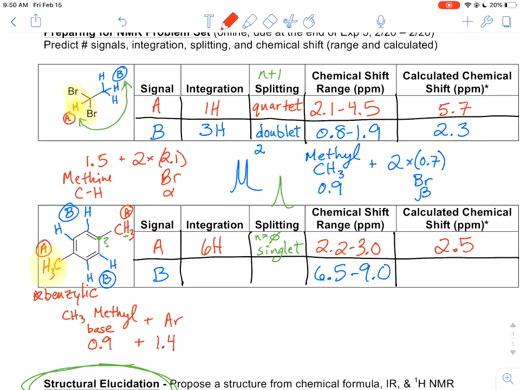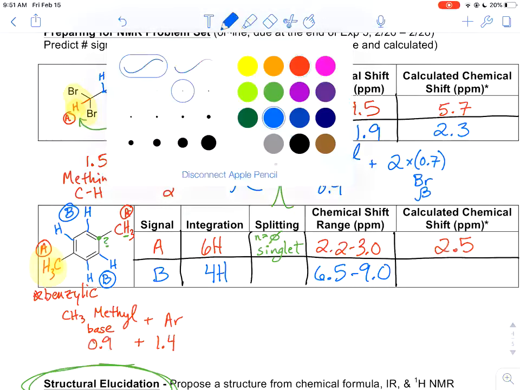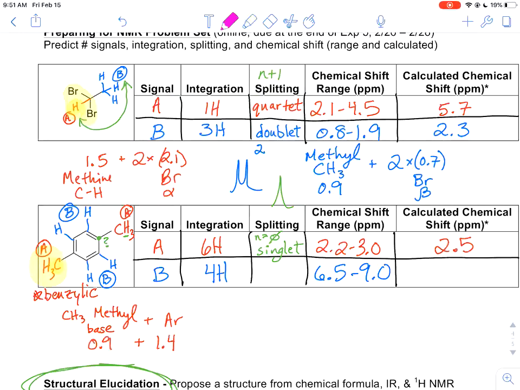Next, signal B is going to be a total of 4 hydrogens. At this point, I'd like to point out that when we're actually looking at spectra and doing it the opposite way, it doesn't always come up as 6 hydrogens or 4 hydrogens. Remember, integration is expressed as a ratio, so you may see something like 3 to 2, or even 1.5 to 1.